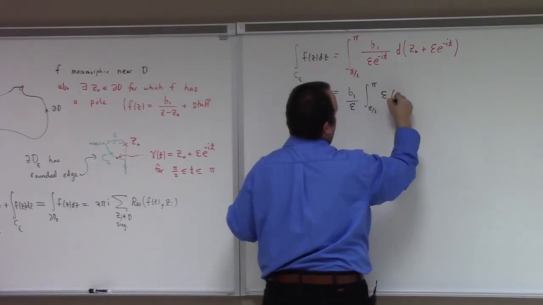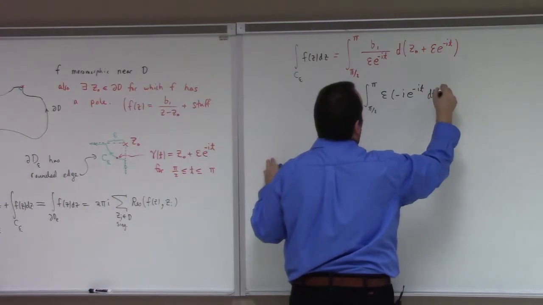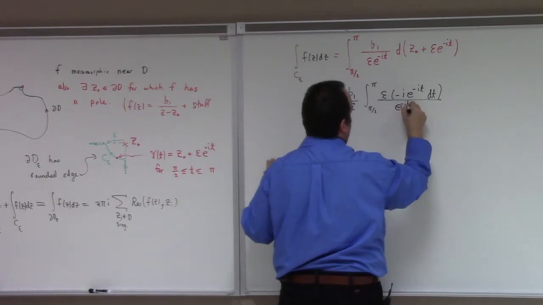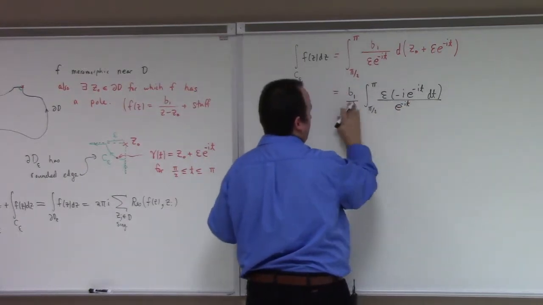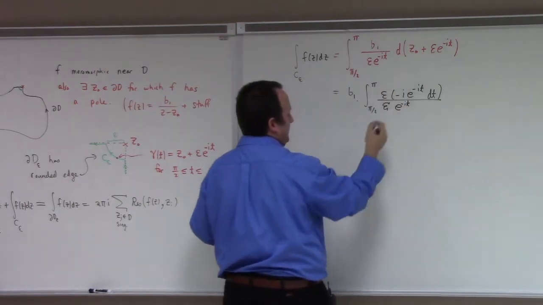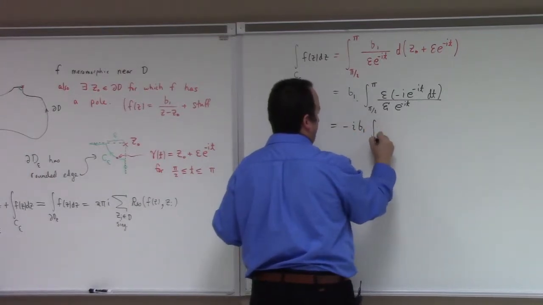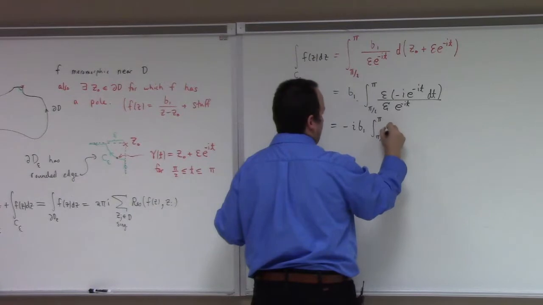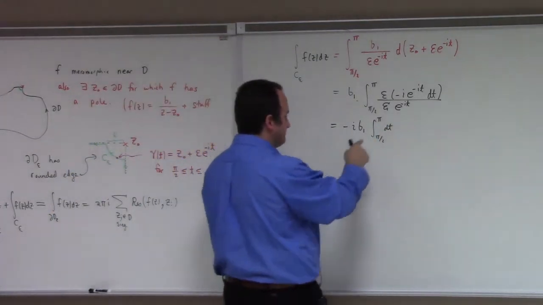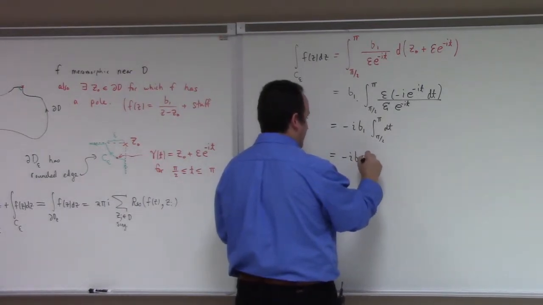There's an epsilon times minus i e to the minus it dt, yeah? But of course, I also have division by e to the minus it. I should probably have kept the epsilon in front. Pull that epsilon back inside so you can see what happens there. It just cancels. And the exponentials cancel, and we're just left with what? Minus i b1 integral from pi over 2 to pi dt. And what is that? Minus i b1 times pi over 2.